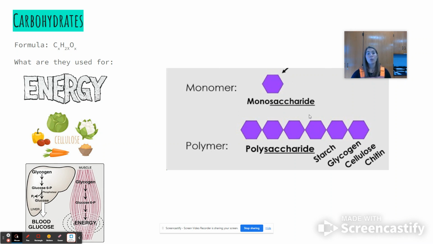When glucose goes through dehydration synthesis, it forms bonds with other glucose molecules able to form a starch, glycogen, cellulose, or chitin, which is another carbohydrate structure. So carbs, important for energy, important to be broken down, and they help plants with their structures. Because remember, plants don't have skeletons. It would be weird if they did.